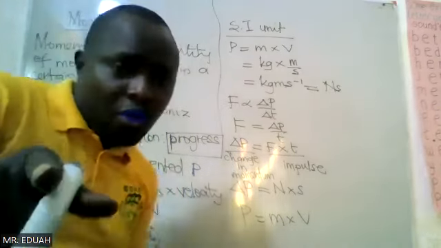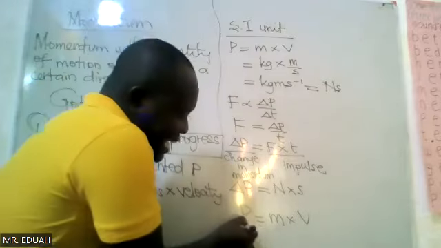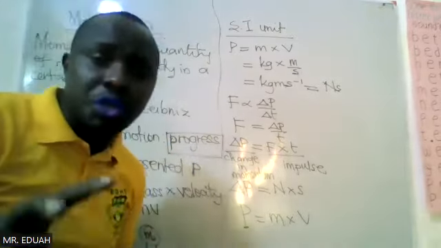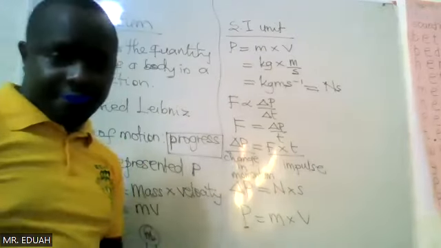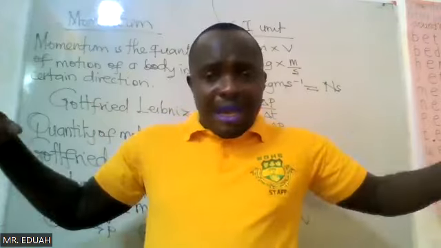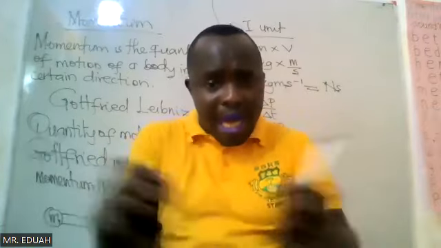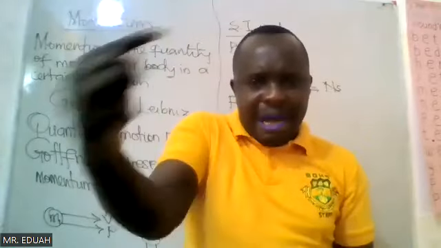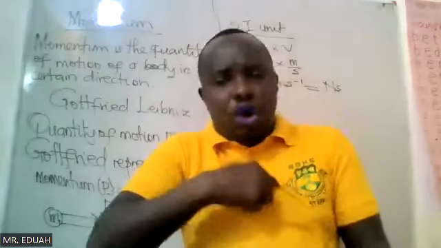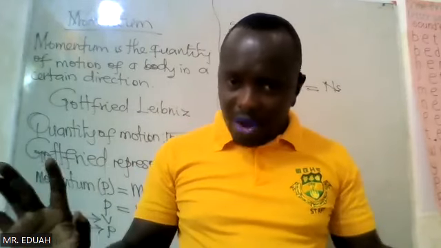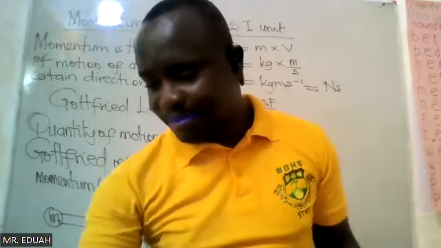And so nobody will tell you that the momentum with which this elephant is coming is not huge. So run for your life. When you don't run and the elephant hits you or collides with you, the impact you feel is the momentum transferred onto your body. Please, are we fine?